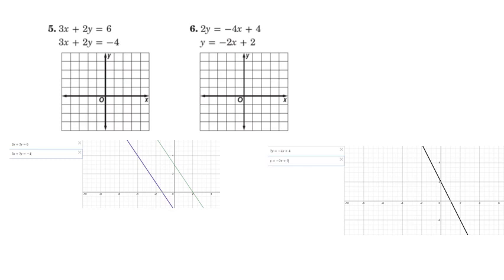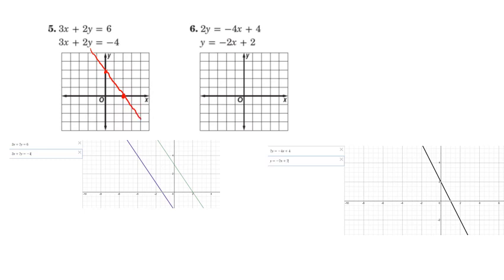So let's copy them over. And you just can get a couple points. So this one has a y-intercept of 3. And then, like I said, we go down 3/2. So that's equation number 1.